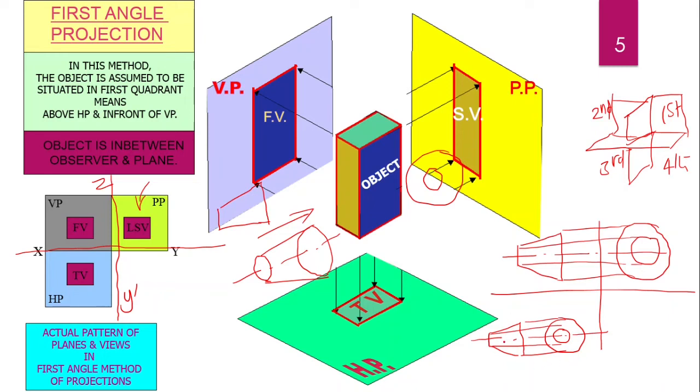Here this trapezium is the front view of the frustum lying in the first quadrant, and these two concentric circles are the side view of the frustum lying in the first quadrant. This is the representation of first angle projection.